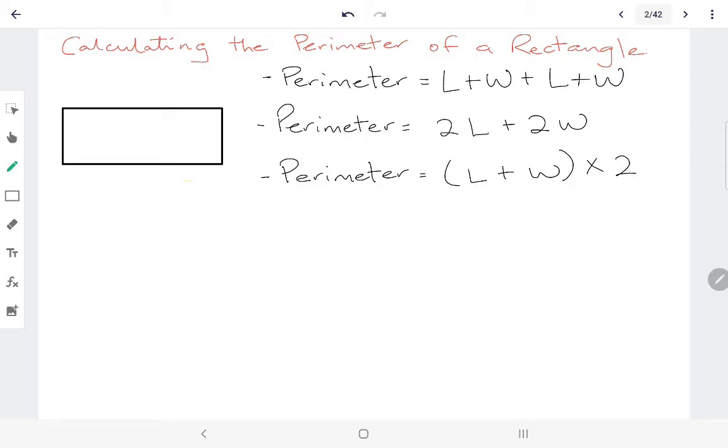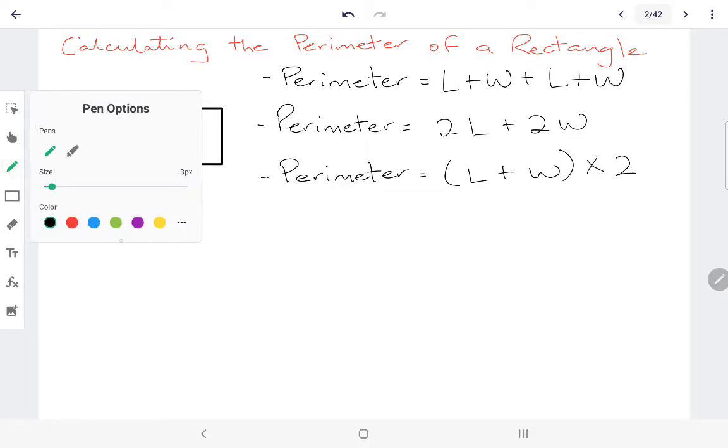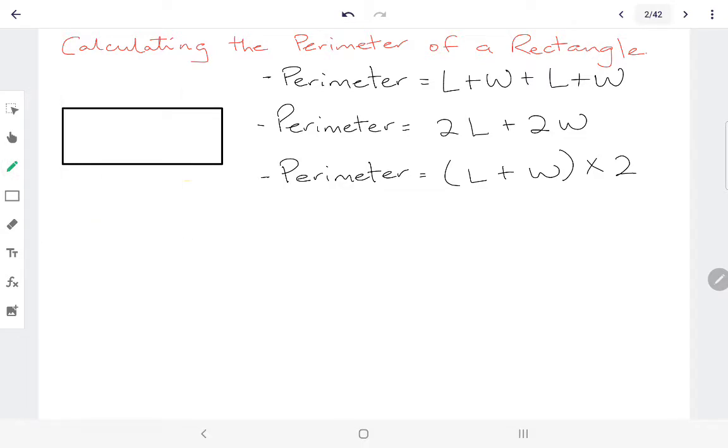So the most common one and the easiest one you can use is add up the length, one width, and multiply by 2.